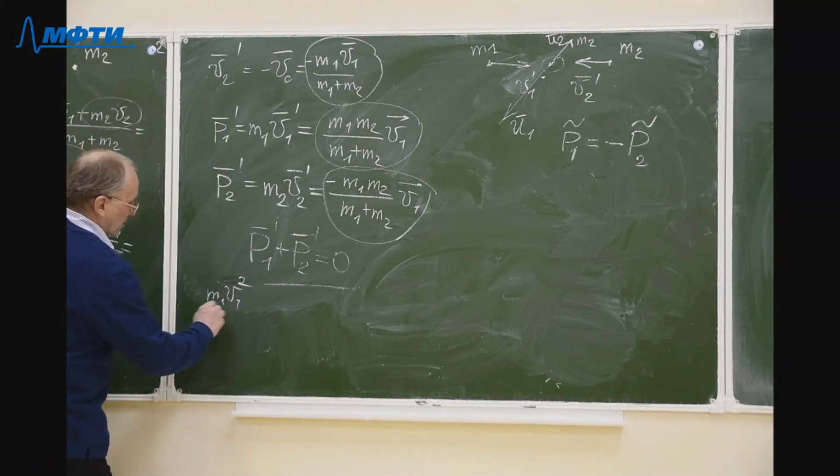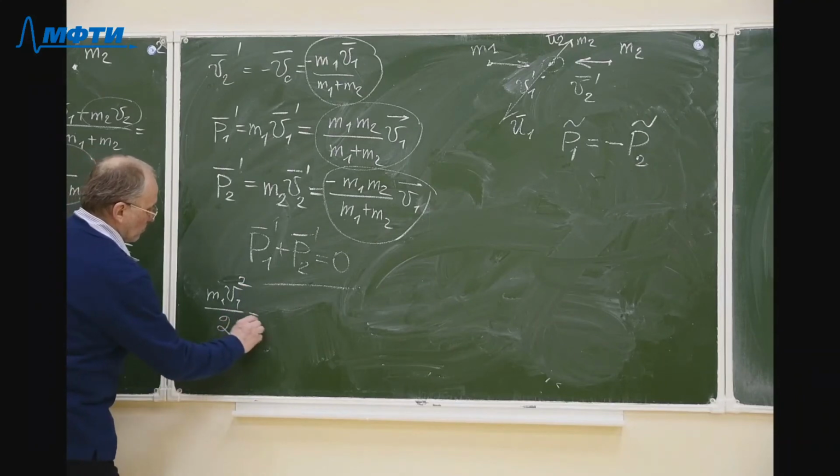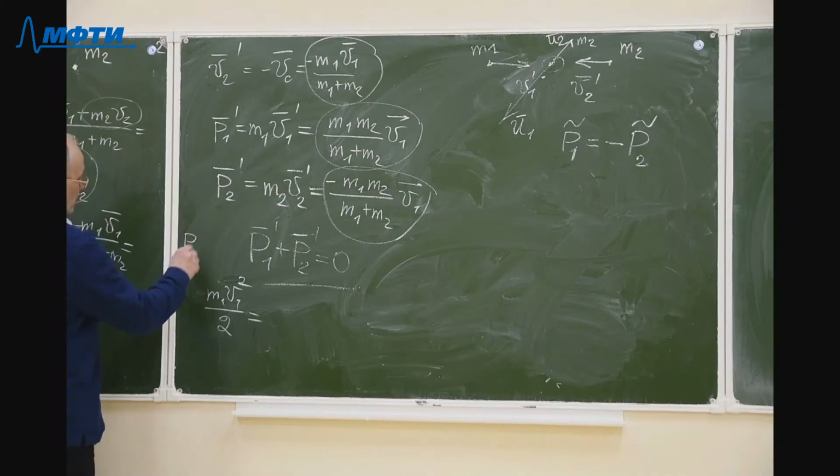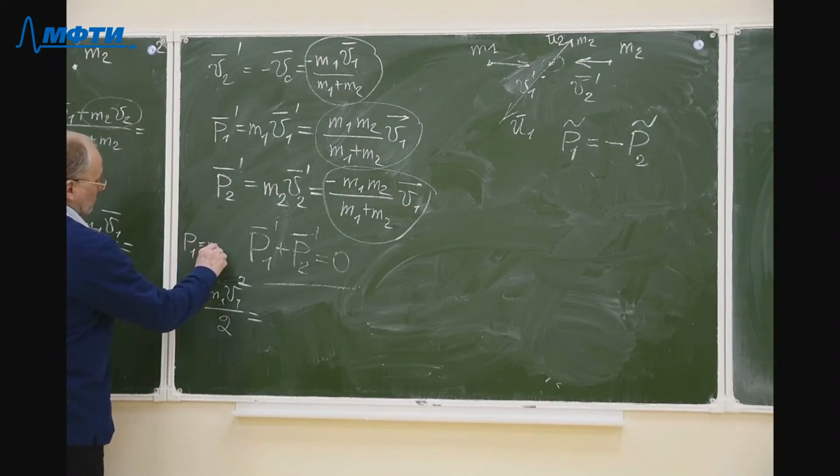m v1 squared over 2. This is the mechanical energy, the kinetic energy of the first particle. I will put it in this way, using the momentum of the first particle, m1 v1.